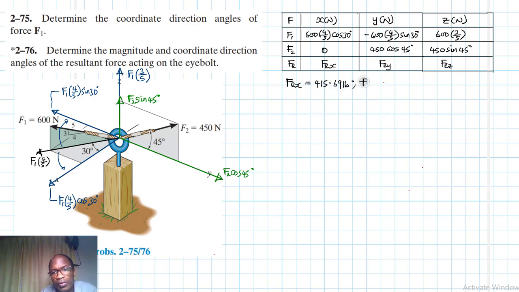And then we have FRy, that's negative 0.5, so that is 300 by 4 divided by 5 plus 450 cos 45. So this we get 78.20. All right, then we have FRz.